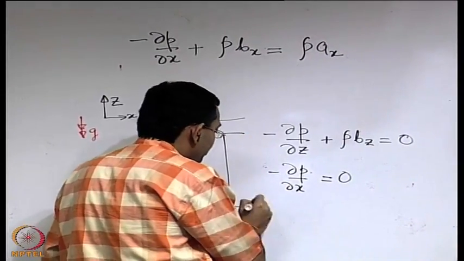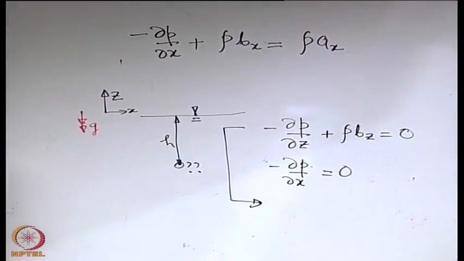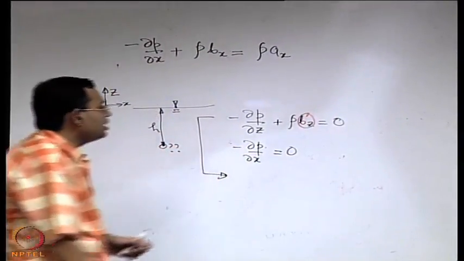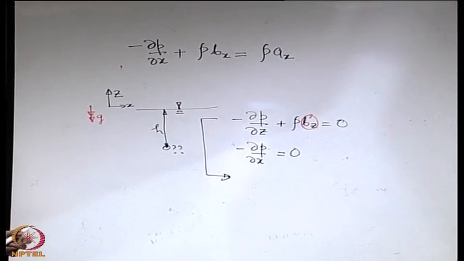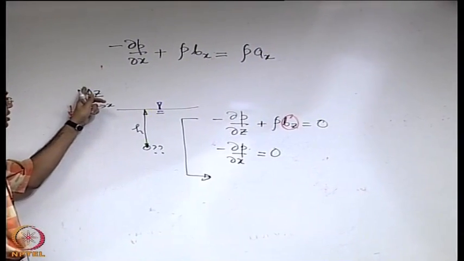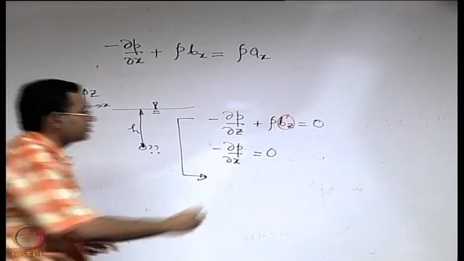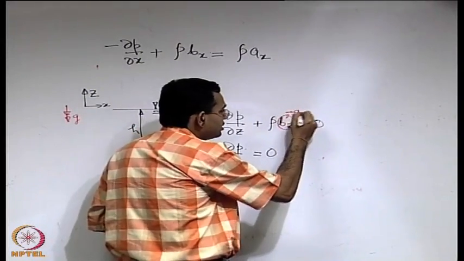What we get from the first equation, so let us try to replace the Bz. What is Bz? This is the z direction and this is acting in the opposite direction, so this is minus g.